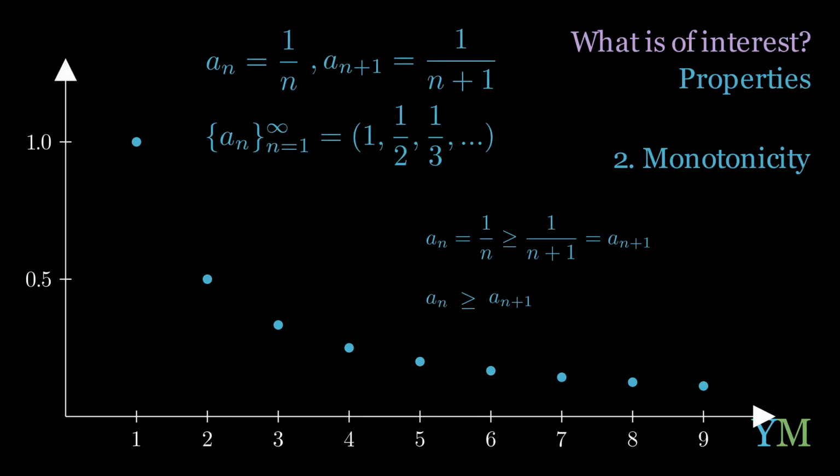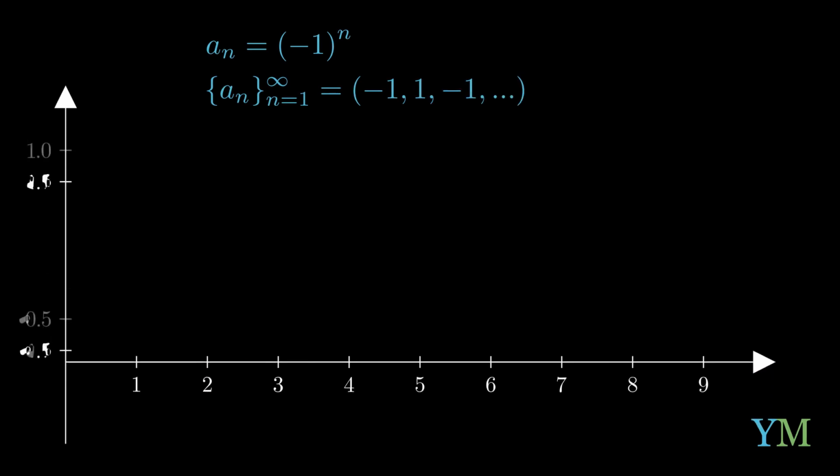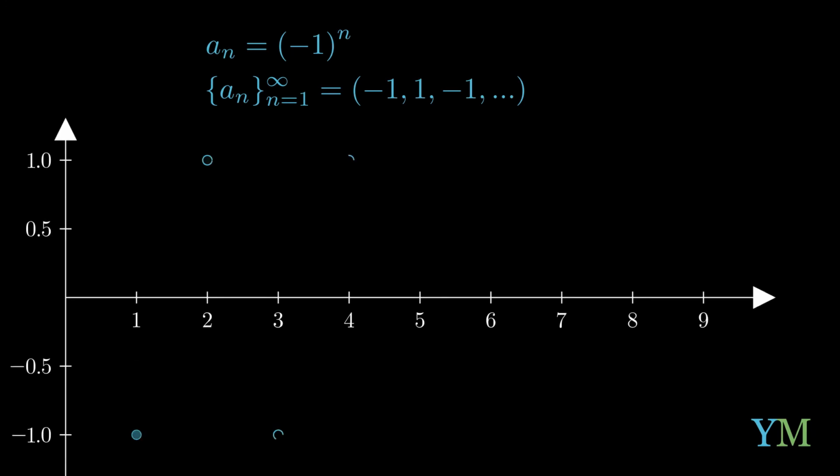Now, some sequences don't do either. A very popular sequence, we're going to see it now for the first time, is (-1)^n. That means our elements are -1, 1, -1, and so on. Let's draw it, as always. If we draw it, we notice something very obvious. The first element, -1, and the second element, 1, is greater than the first one.